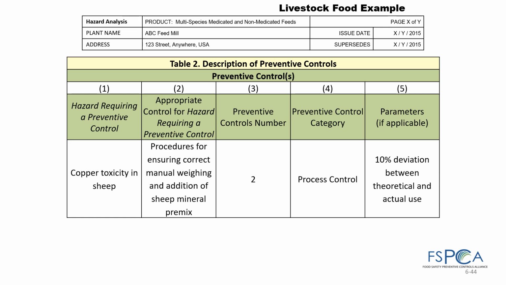We're going to be using procedures for ensuring correct manual weighing and addition of sheep mineral premix. We decided this was going to be preventive control number 2, and it is a process control. This is something that we do in our facility, part of our manufacturing process, that we're going to use to control a hazard. Parameters, well, there's our 10% deviation. We established that. We looked at the SOP that has that 10% deviation on it.